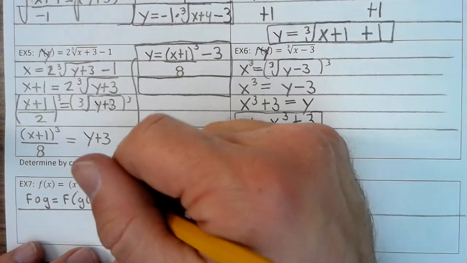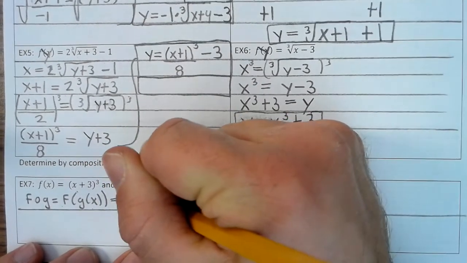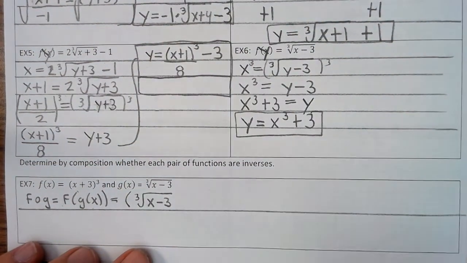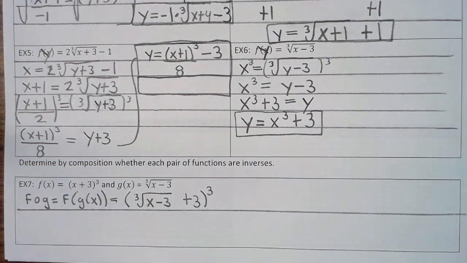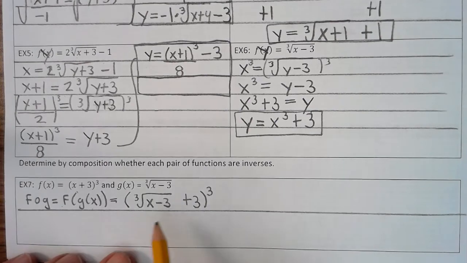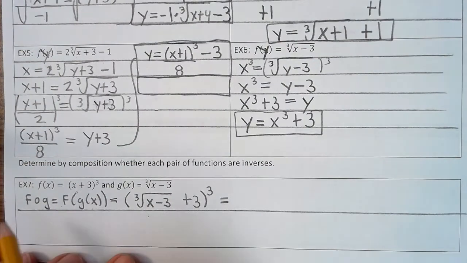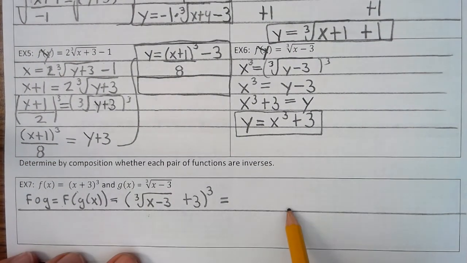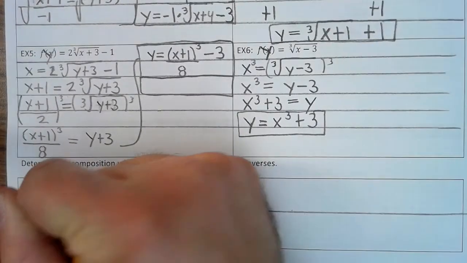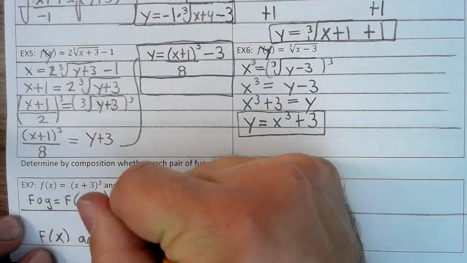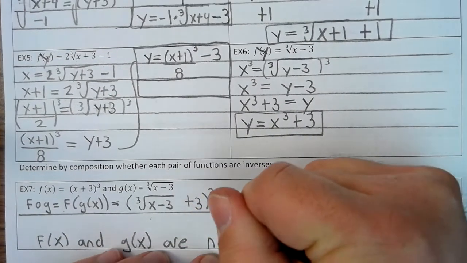So then that's parentheses the cube root of x minus 3, plus 3 cubed. You can see here that there's no way that you'll just get x. So since f of g of x will not equal x, we can say that f of x and g of x are not inverses.